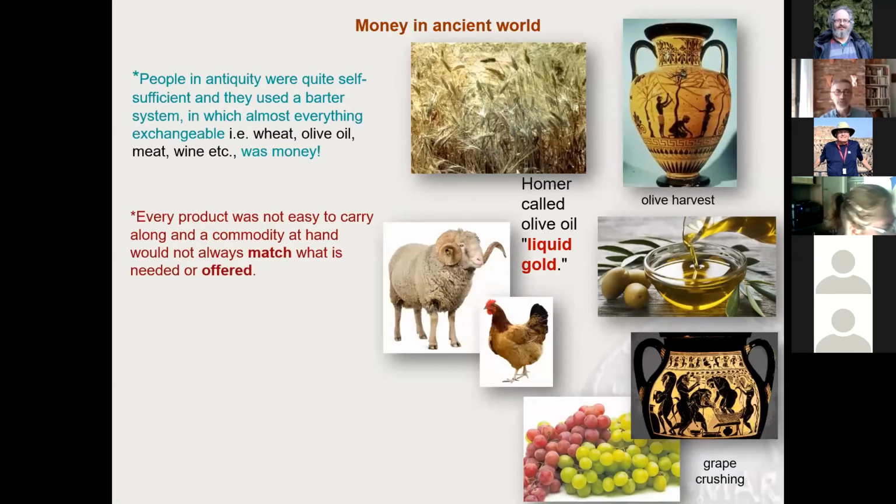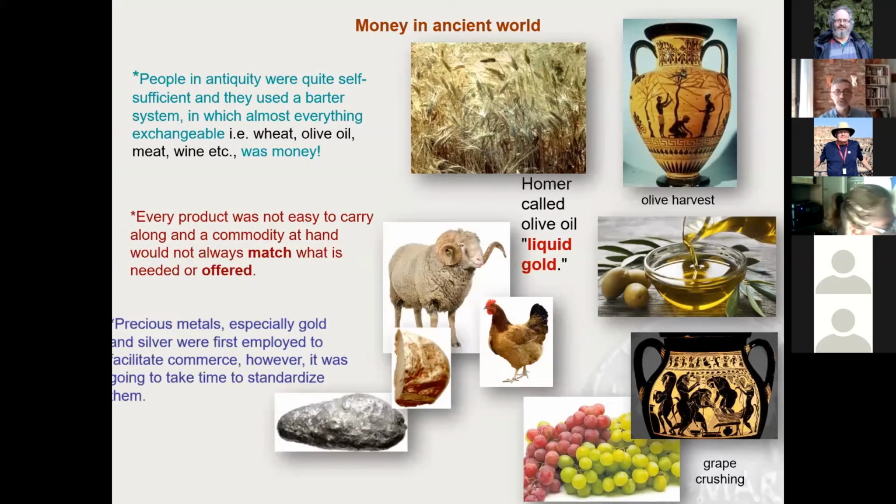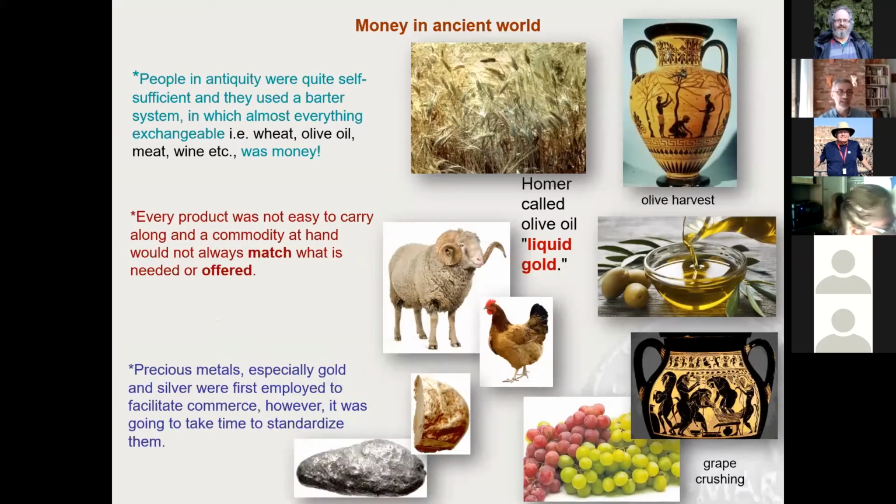However, every product was not easy to carry along, and a commodity at hand would not always match what is needed or offered. So they needed to find something to facilitate that. So precious metals, especially gold and silver, were first employed to facilitate commerce. However, it was going to take time to standardize them, to turn them into coinage.